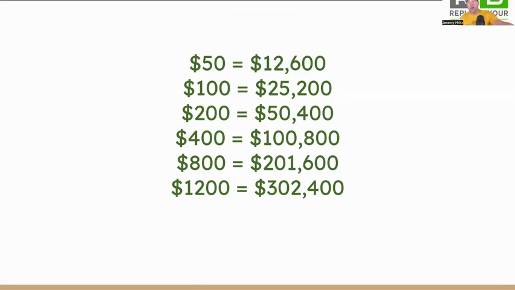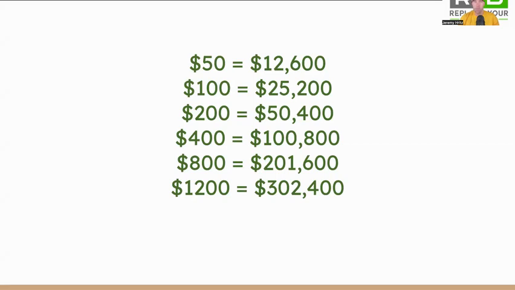Well, I wanted you to think about for a second, there are typically 252 trading days in a year, right? If you could generate $50 a day from trading over the course of those 252 days, that would be $12,600 a year.